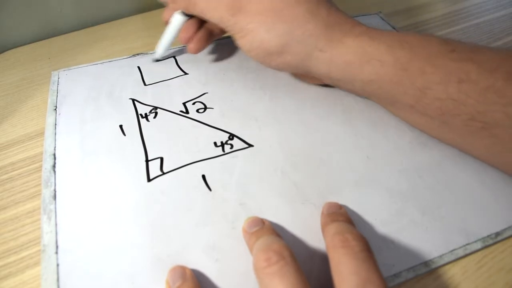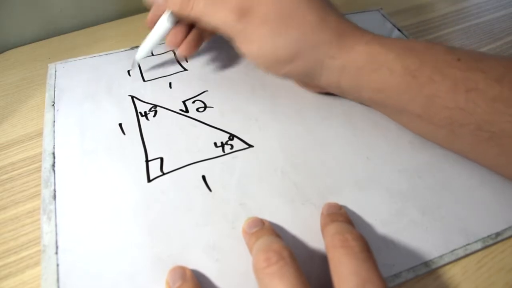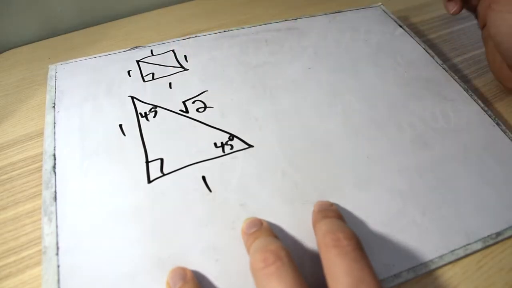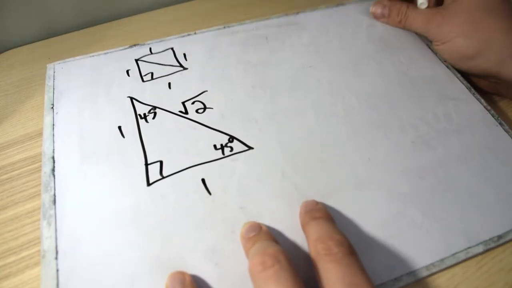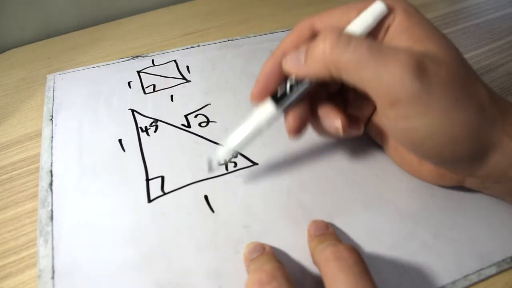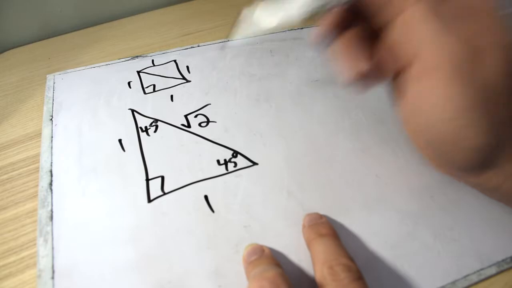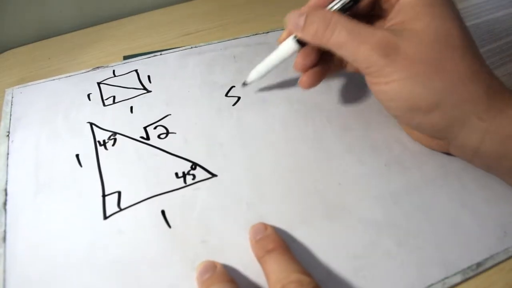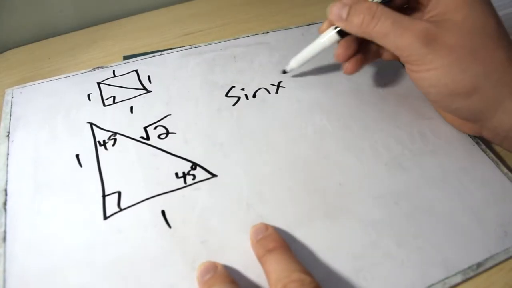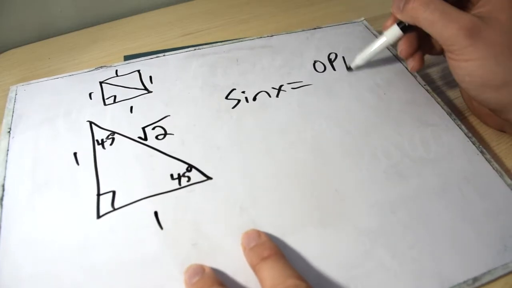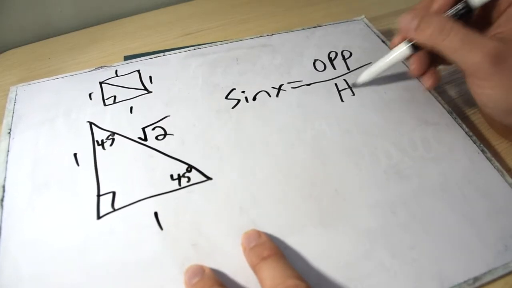Because a square of 1, 1, 1, and 1 all has right angles. If I cut it like that, I get this triangle. So 1, 1, and this is root 2 here on this side. So the question I asked was sine of x. So sine of some angle equals opposite over hypotenuse.